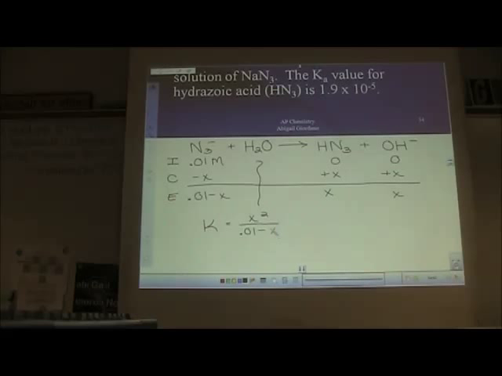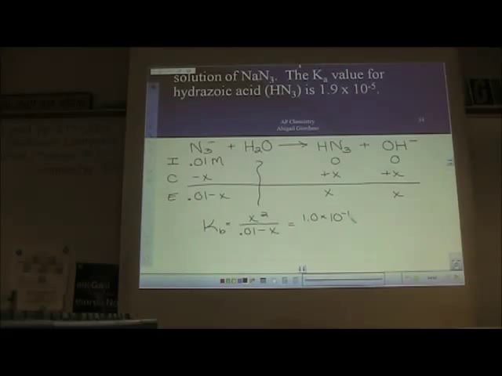Please tell me what kind of K I want here. Kb. Okay. Refresh my memory. How do you figure that out? Don't base it on what's given to you. You look at what your reactant is doing. It's accepting a hydrogen. This is a base. How do you get a Kb from this number? Kw divided by Ka.